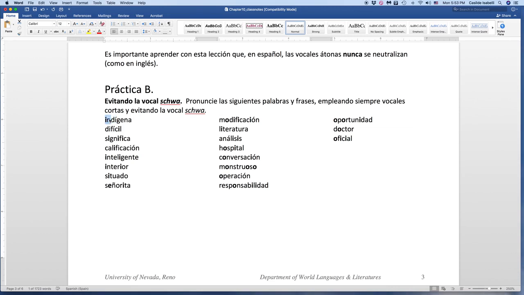In Spanish, you have to slow down, and each of these syllables gets equal opportunity in its speech. Indígena, difícil. And you can hear that metronome clicking in your head and making sure that each syllable has the time that's equal to pronounce each. And if you don't do that, it's going to be very difficult to round your lips and stretch your lips.